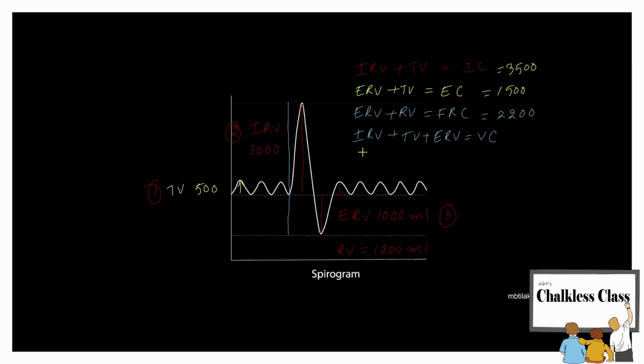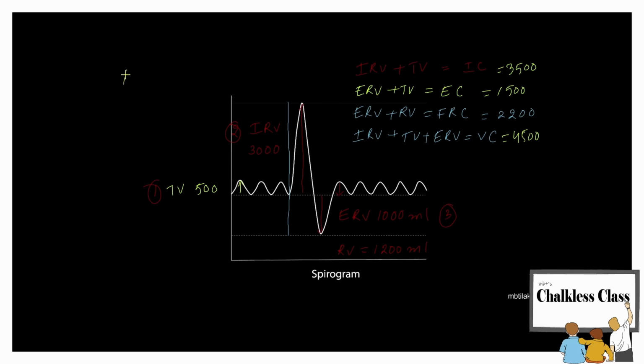Vital capacity includes inspiratory reserve volume, tidal volume, and expiratory reserve volume. This is called vital capacity. IRV is how much? 3000. Tidal volume 500. 3500. ERV 1000. So this is equal to 4500.